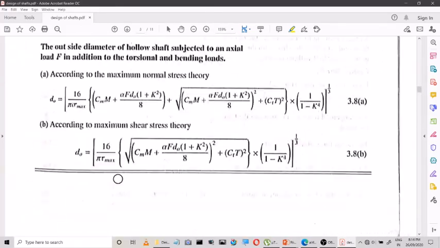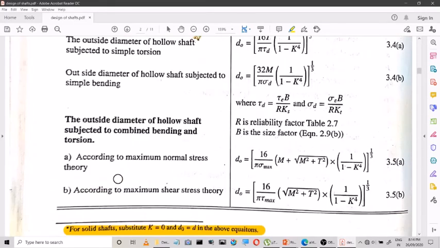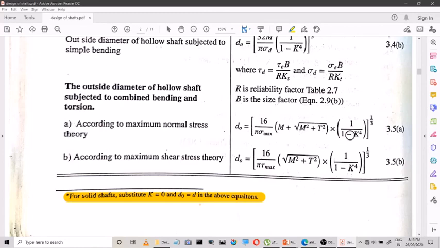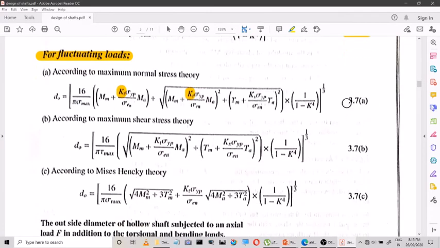Now the important equations you need to remember. For normal design, you refer to equations 3.5a and 3.5b. For the ASME code, 3.6a and 3.6b. For fluctuating loads based on the maximum normal stress theory, it is 3.7a, 3.7b and 3.7c.